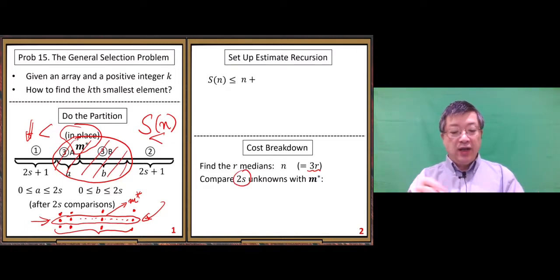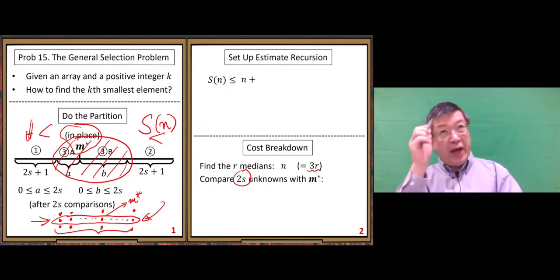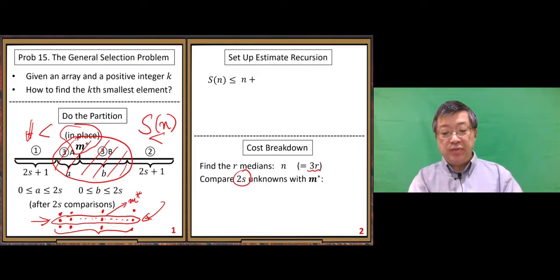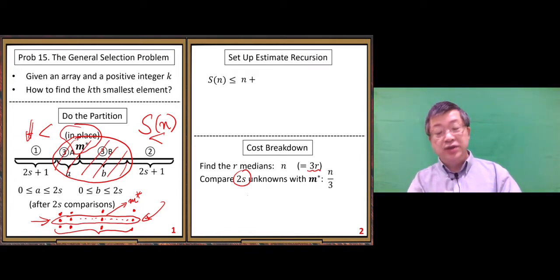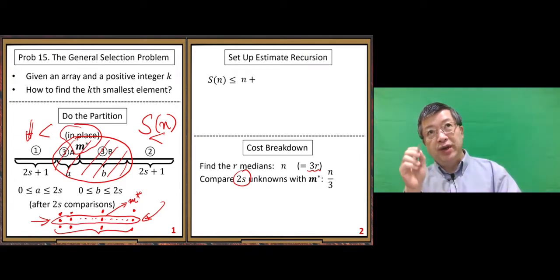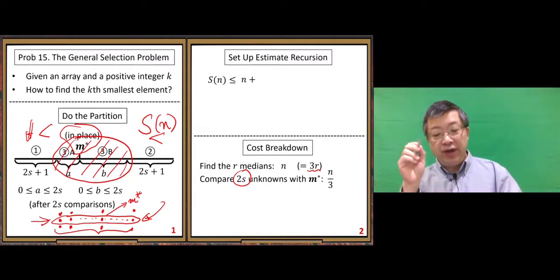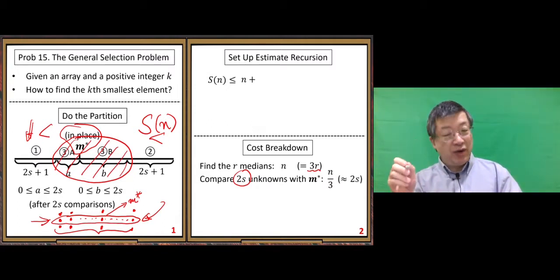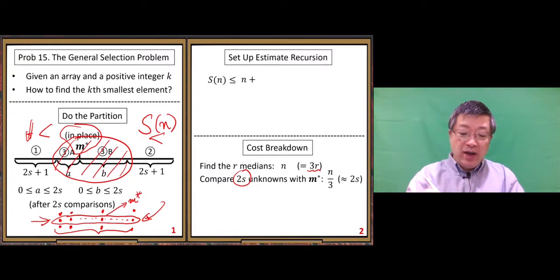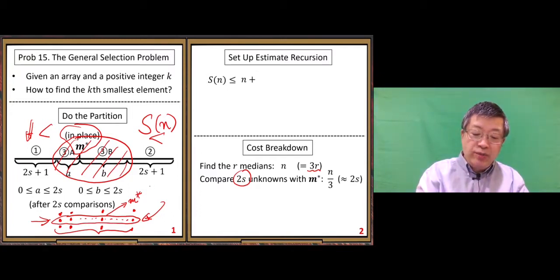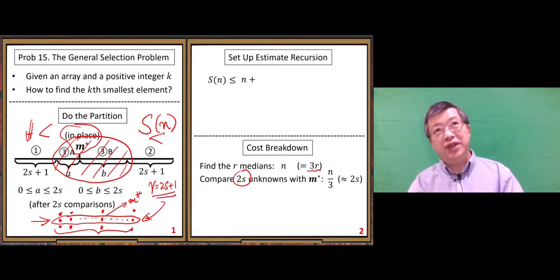So how much is the cost? This many comparisons, 2s. What is that? 2s is approximately equal to n over 3. Why approximately equal? Remember, we assume r equals 2s plus 1, also for convenience.